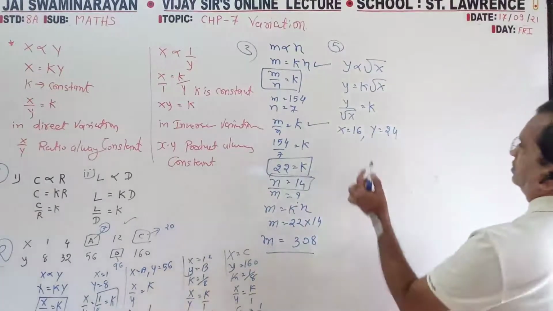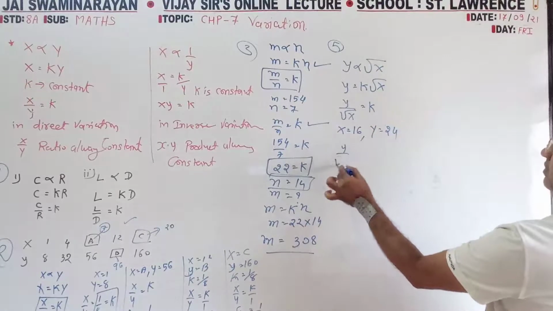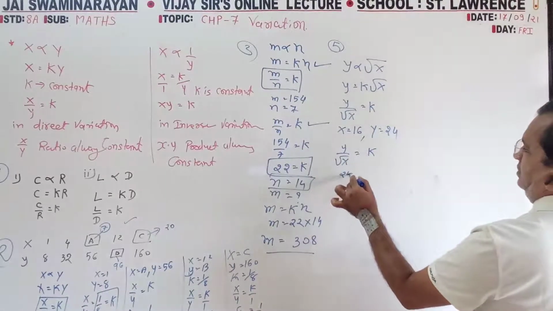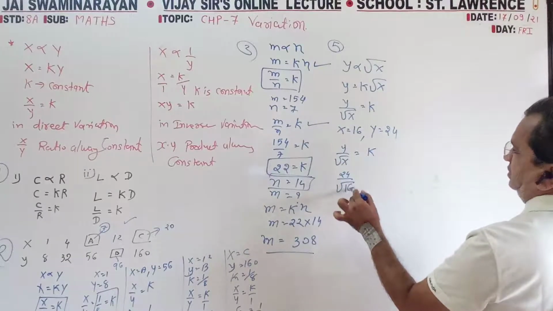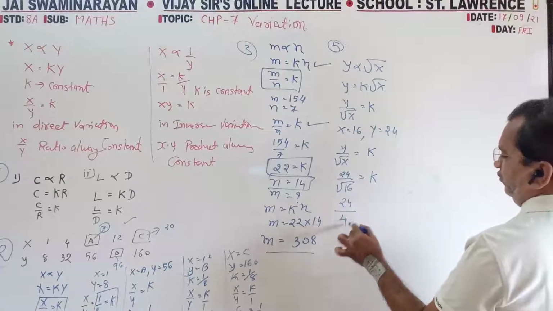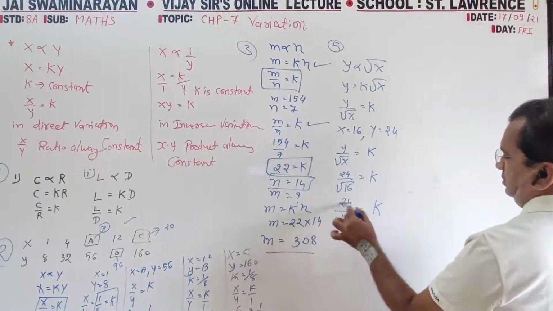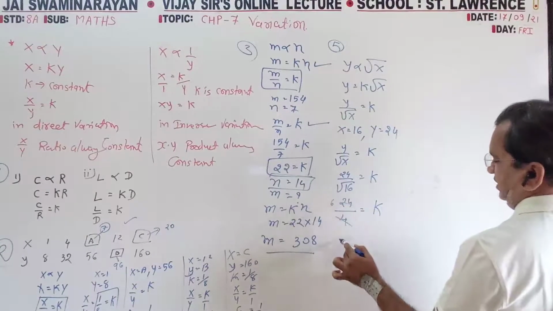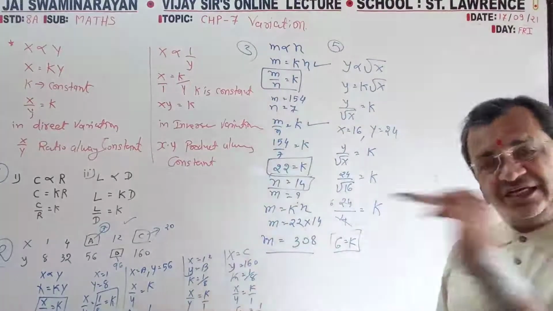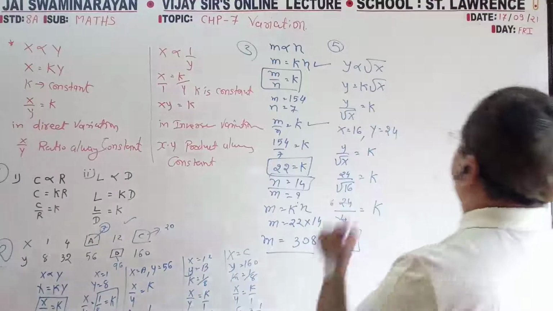Constant of variation. So Y by root X, it is K. 24 by 16, it is K. 16 square root, 4 4s are. 6 4s are. So K is 6.